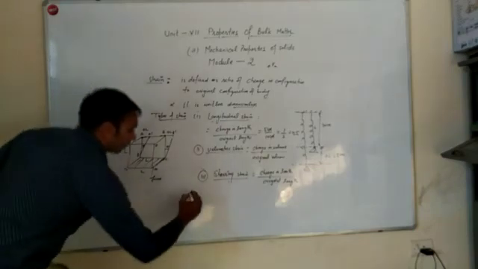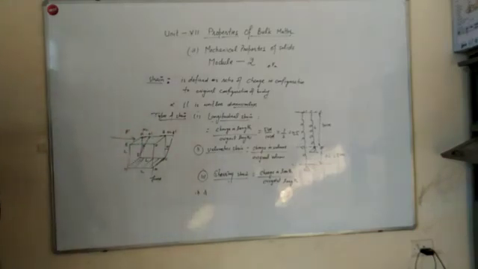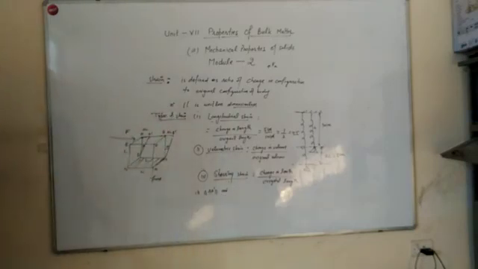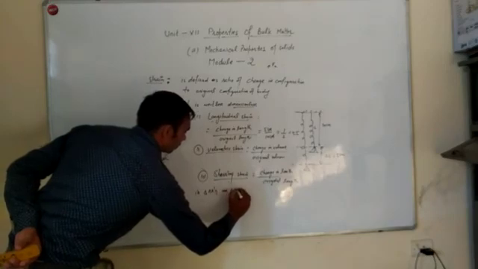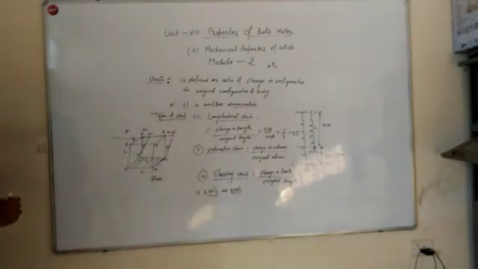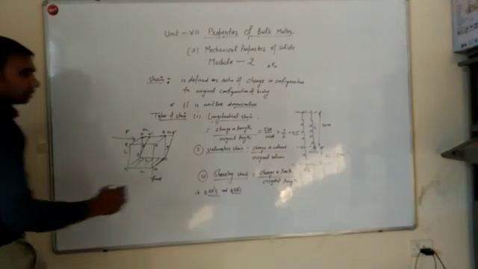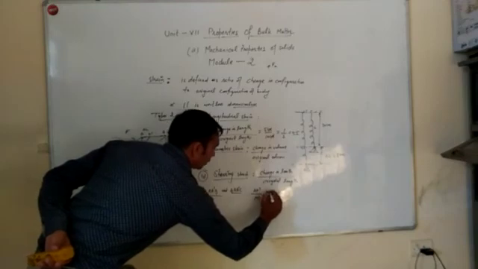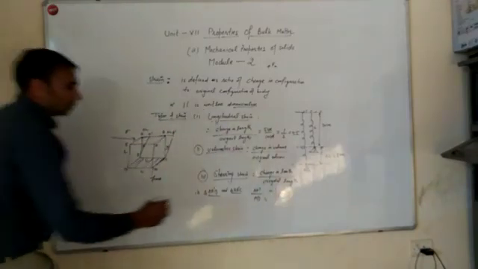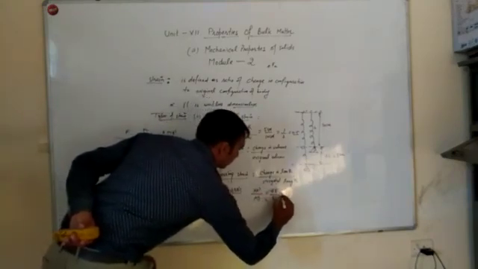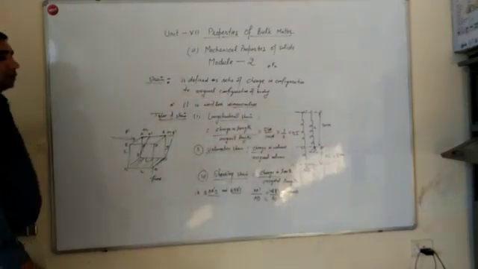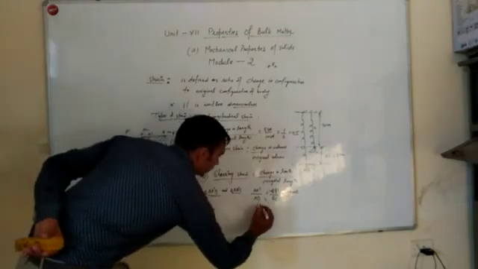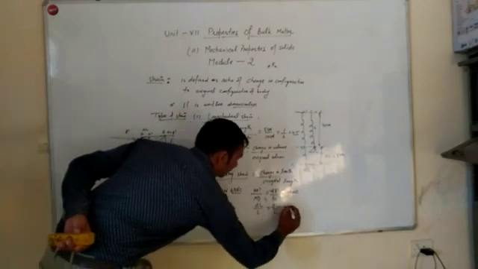In the triangles A dash AD and B dash BC, AA dash divided by AD and BB dash divided by BC is equal to tangent theta, that is change in length divided by original length.